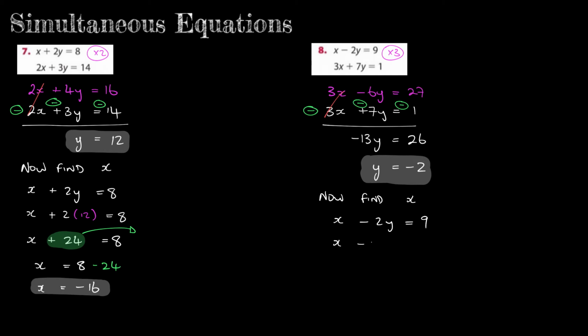So x minus 2 times negative 2 is equal to 9. That will give us x plus 4 equals 9. To find out what x is, I need to bring the positive 4 to the right hand side, and that will give me x is equal to 9 minus 4, so x is equal to 5.